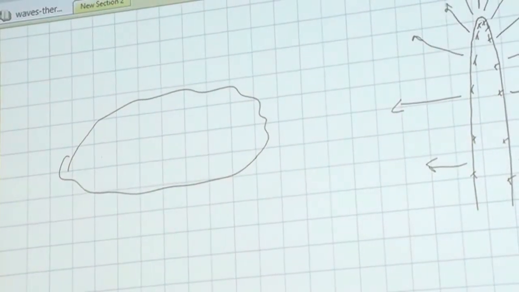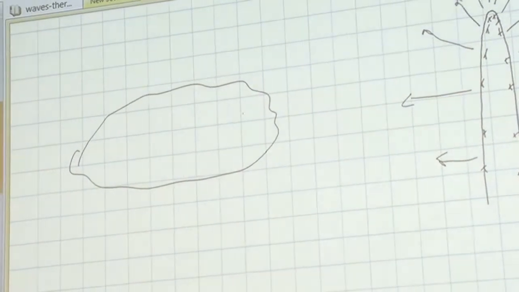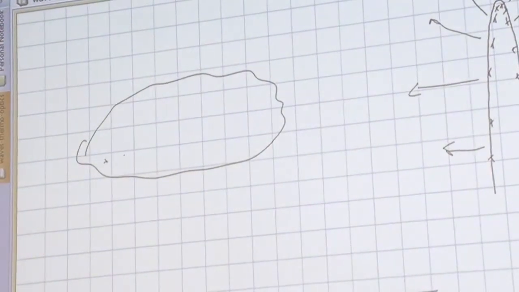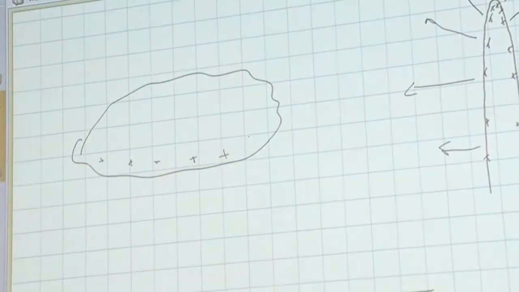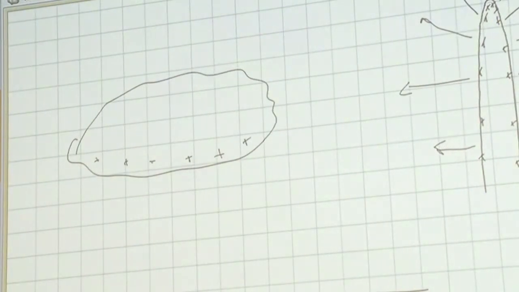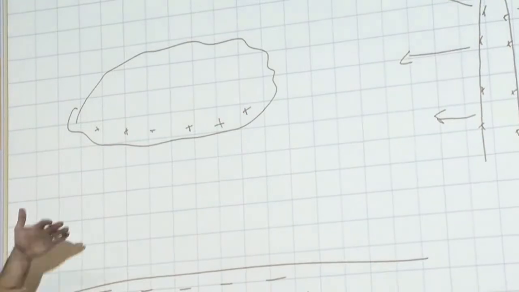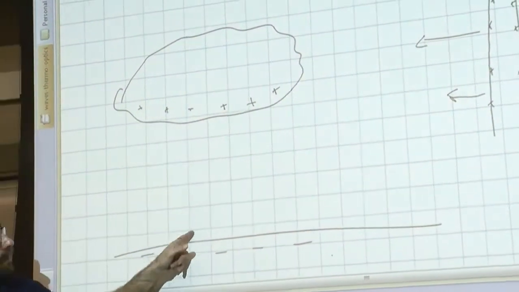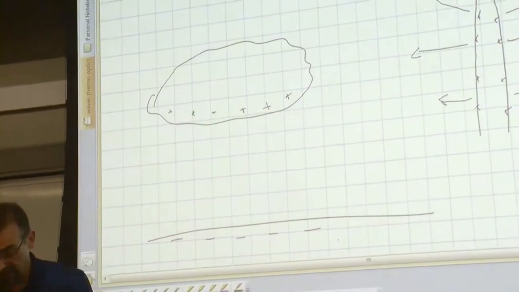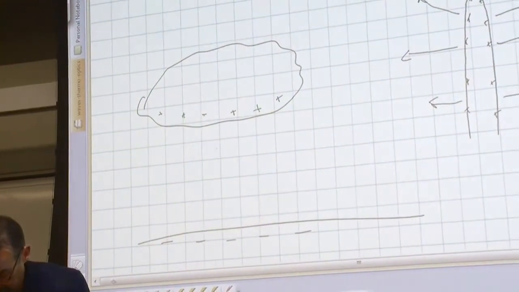I forgot which one's positive and which one's negative. But your cloud starts building up charge, and your ground builds up charge, right? And when you get a big enough potential difference, the air, what happens? You get an electric field forms there, right?